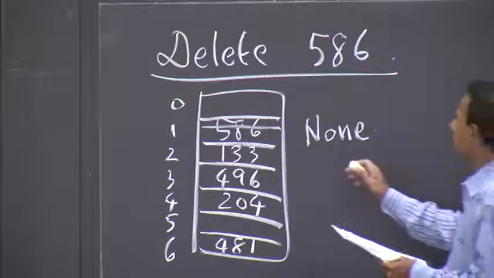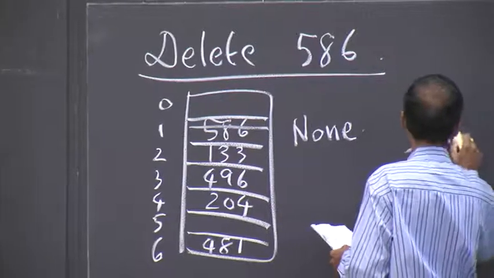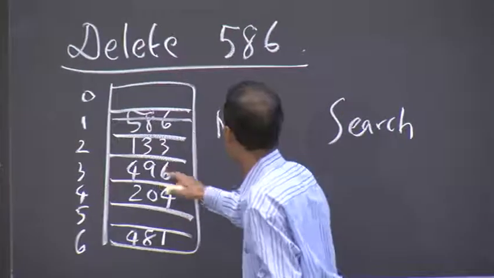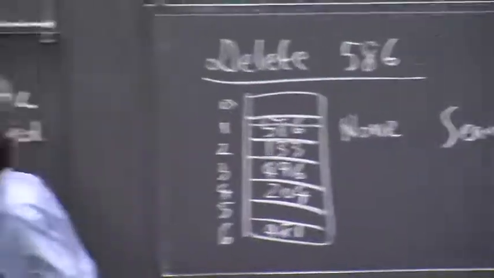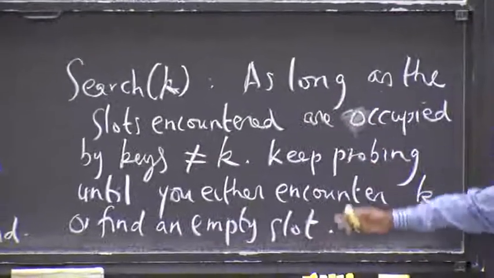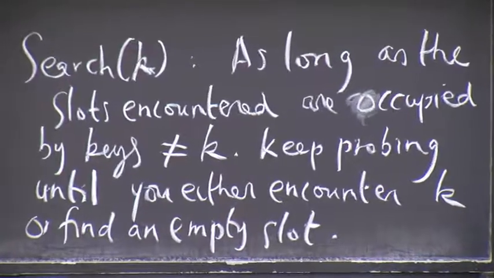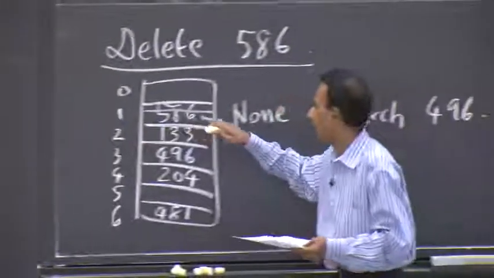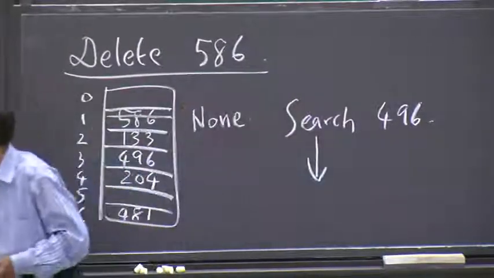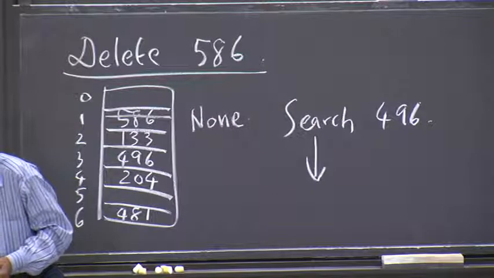Now, what happens is that when I search for 496, according to this search algorithm, what am I going to get? Well, the first slot I'm going to look at is 1, and according to this search algorithm, I find an empty slot, right?